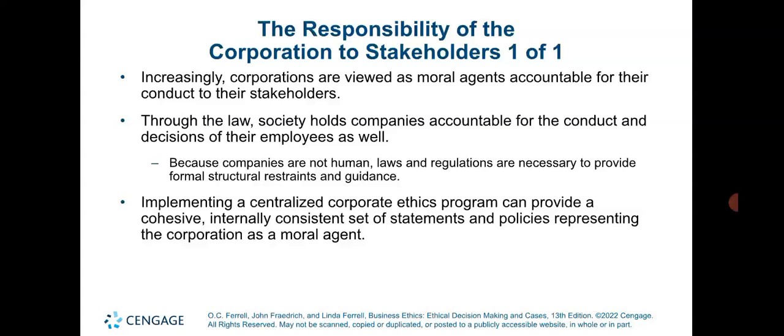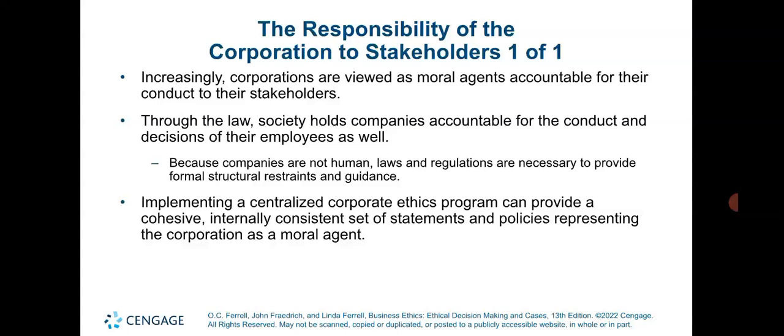Okay, they act on behalf of a group of people, so they are the agents of a group of people that consists of a business organization. And because they act as an agent, they are also accountable in terms of morals.